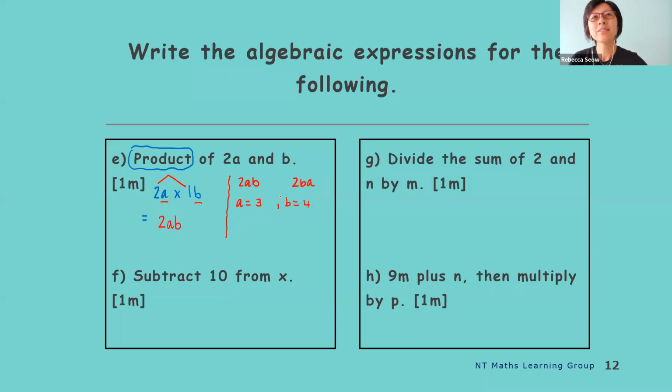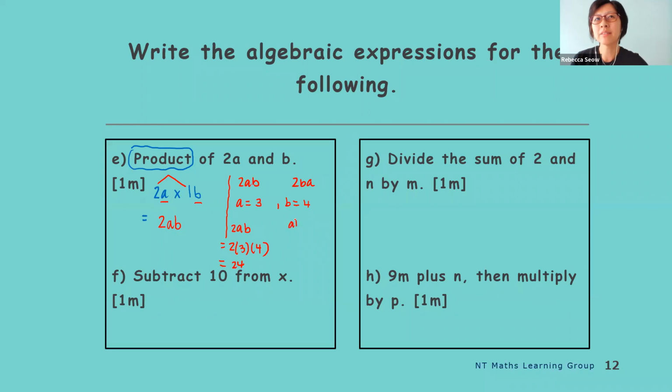My first expression, 2AB, would be 2 times 3 times 4, which gives 24.